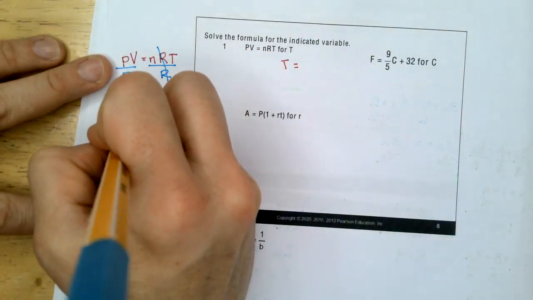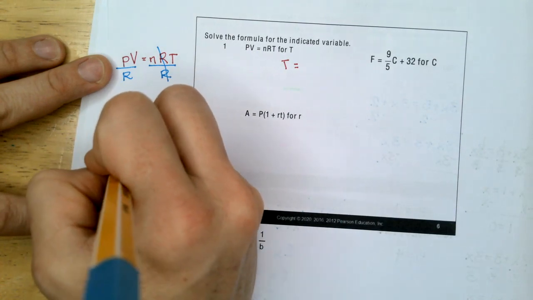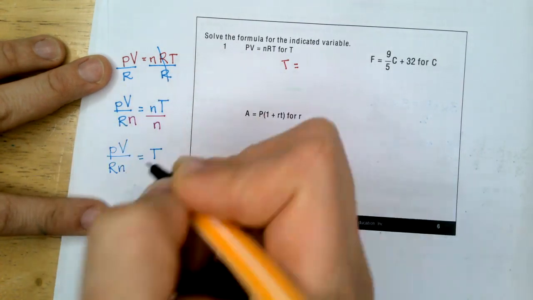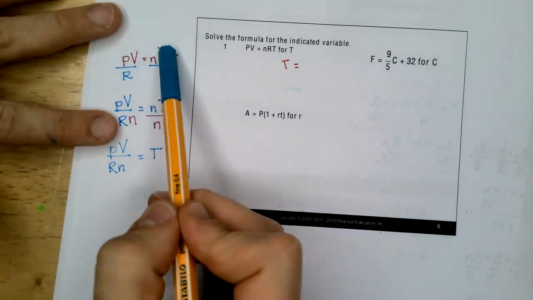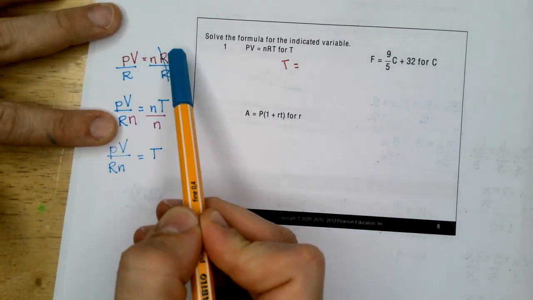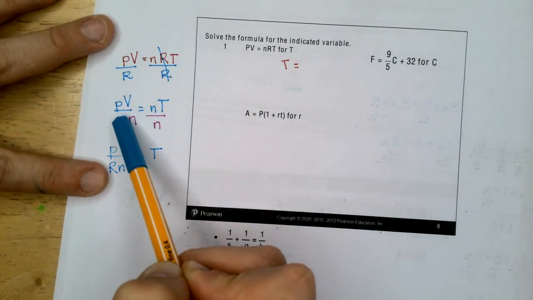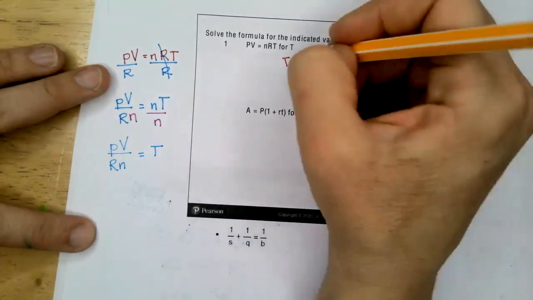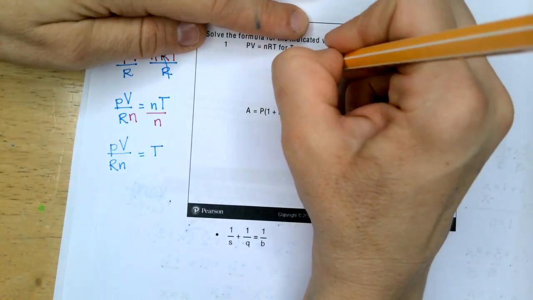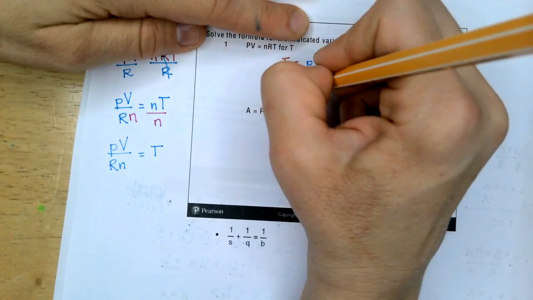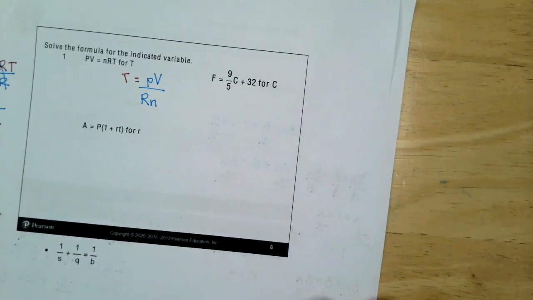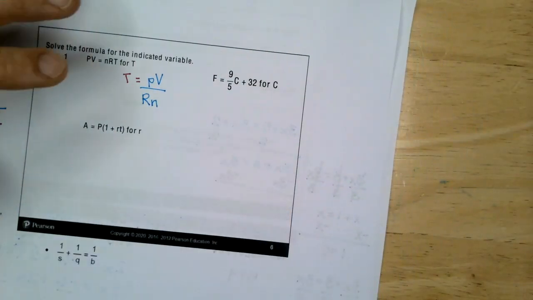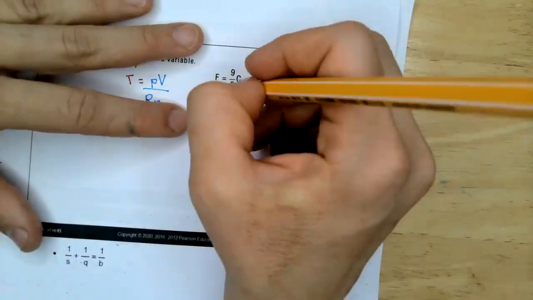Now I have PV over RN equals T. So here I was multiplying them by T, so I'm going to divide everything else by them. So T equals PV over RN.